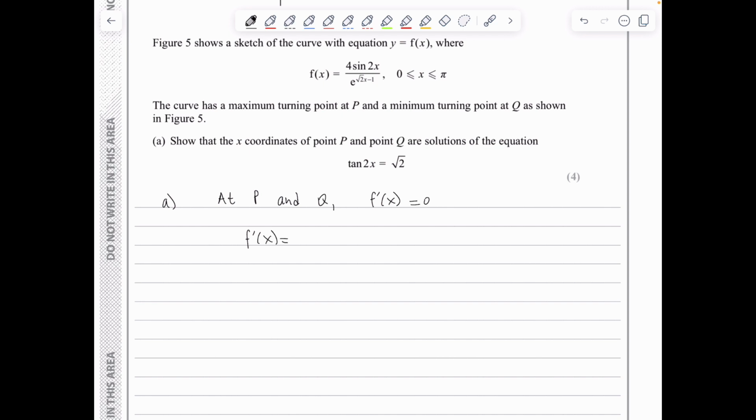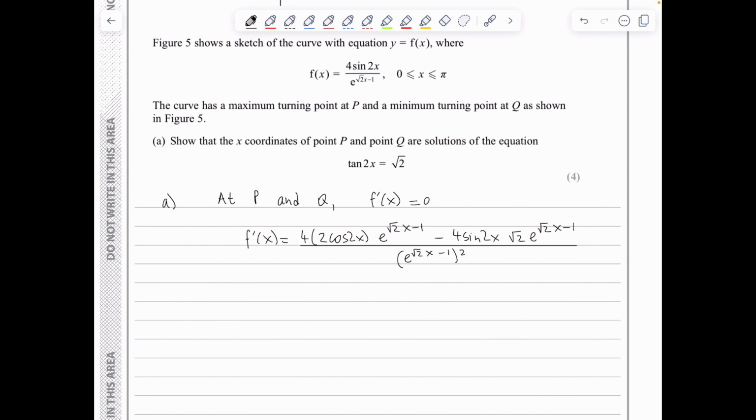I differentiate the top to get 4 brackets 2 cos 2x, and I keep the bottom of e to the root 2x minus 1, minus keep the top, and I differentiate the bottom to give me root 2 e to the root 2x minus 1, and all of it over the bottom squared, which is e to the root 2x minus 1 all squared.